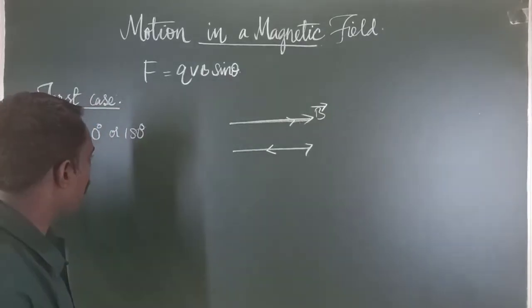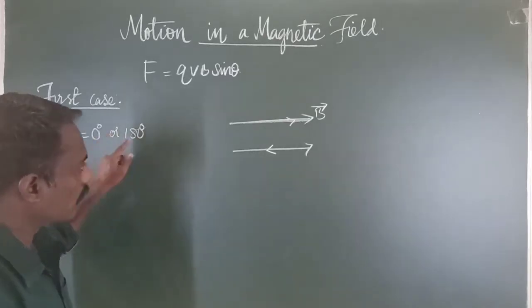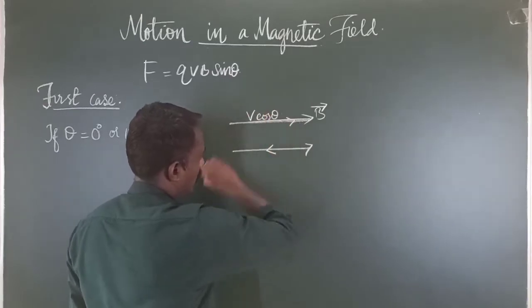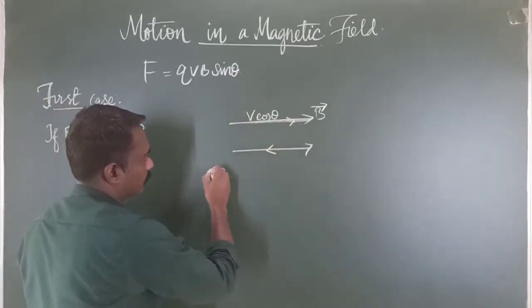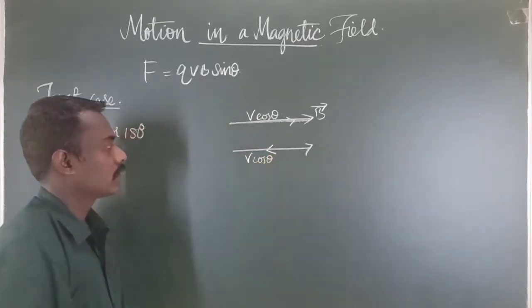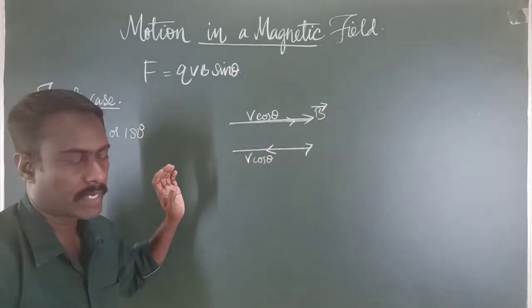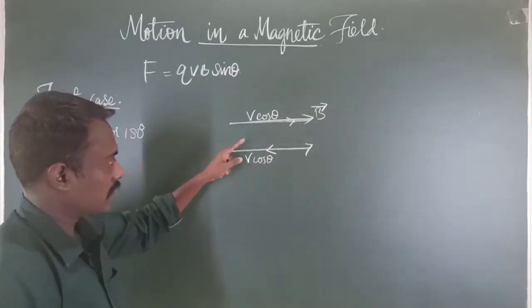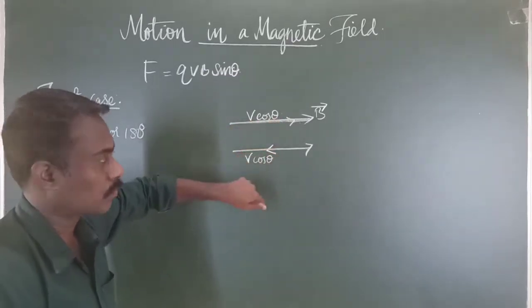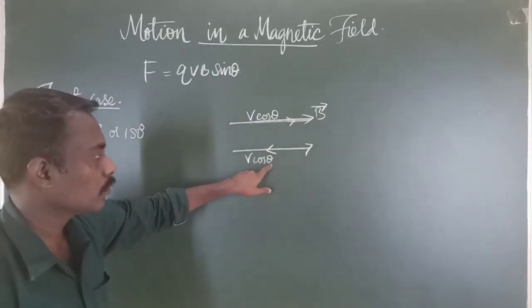If the angle theta is 0 or 180 degree, the direction only changes, and in either case the relevant component is zero.